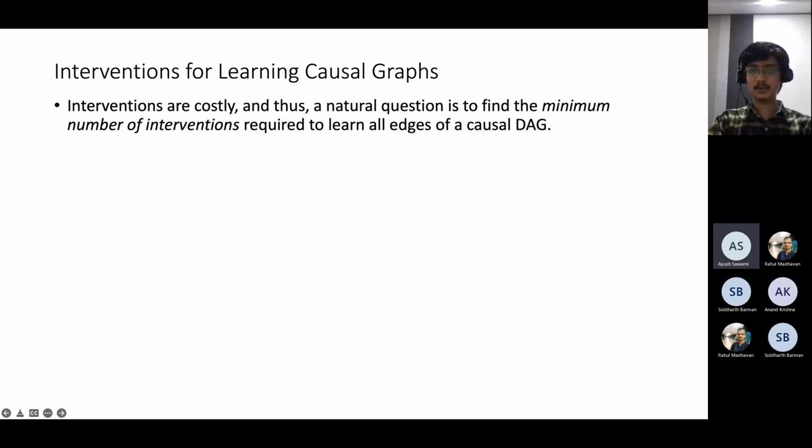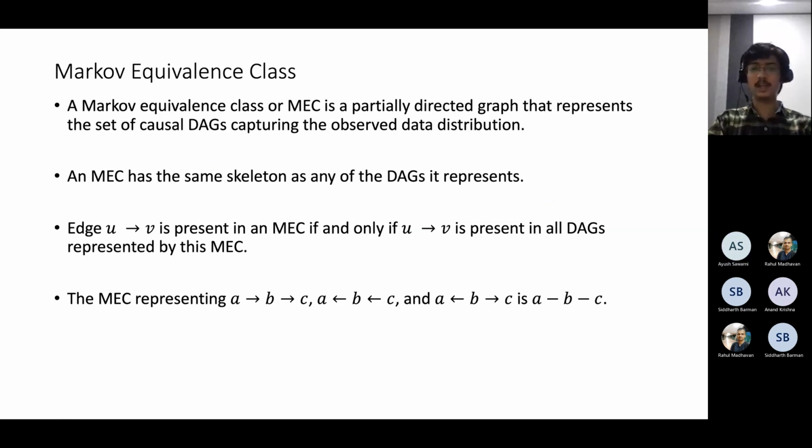So it's a collider. This is called an unshielded collider as well. For example, in the chain case, if we look at the first and third variable, given the middle variable B, the two end variables are actually independent.